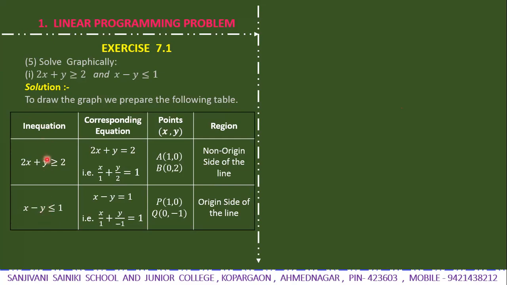These are the inequations we have been given. Then what are the corresponding equations? These are the corresponding equations. What I did, I have written them in double intercept form so that I can directly write the points on the axes where the line intersects the coordinate axes: (1, 0), (0, 2), (1, 0), (0, minus 1).